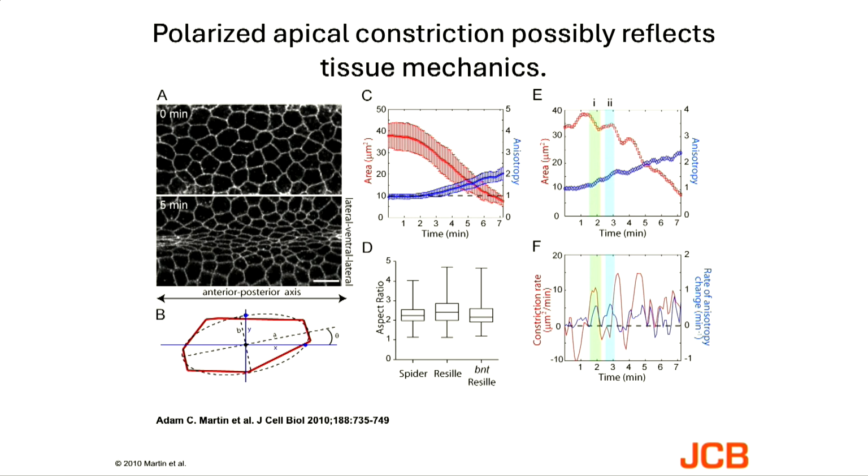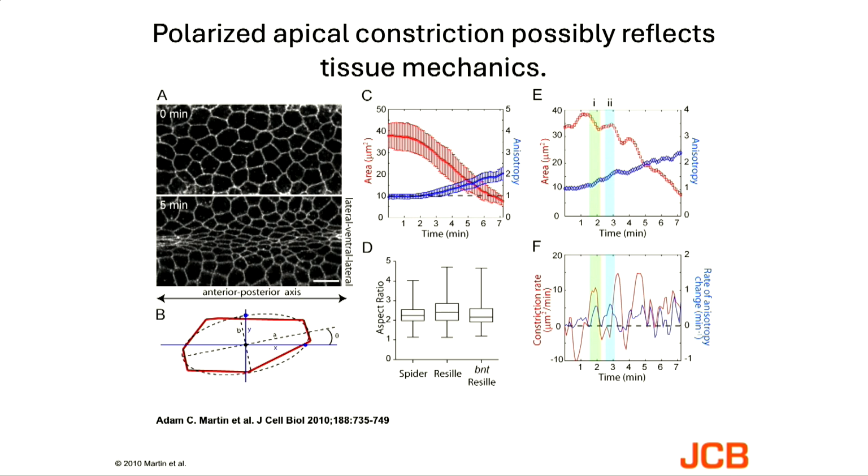So basically it's in the anteroposterior direction where you see a greater amount of area as compared to the dorsoventral axis. The dorsoventral axis is the one which is actually constricting more than the anteroposterior axis, right?